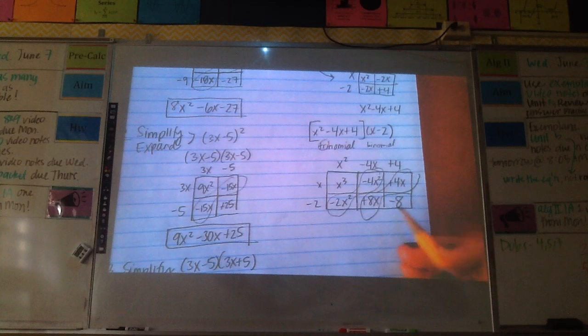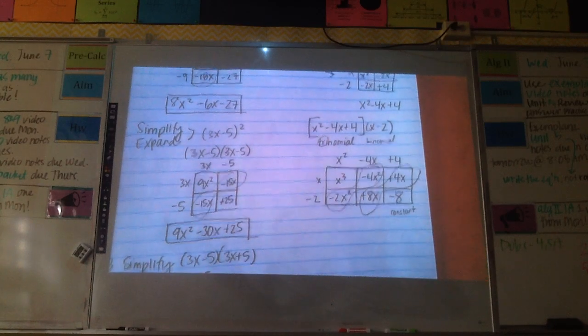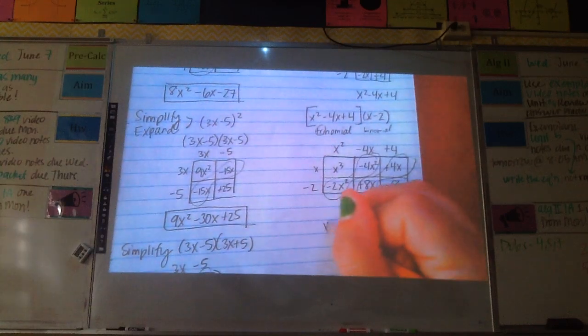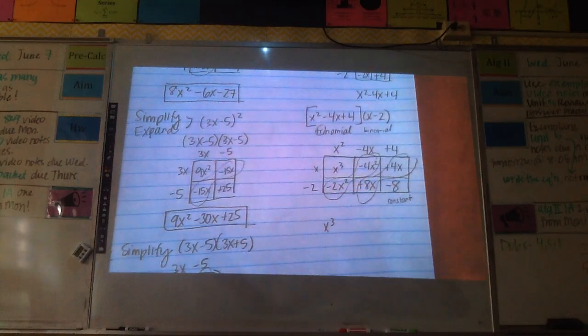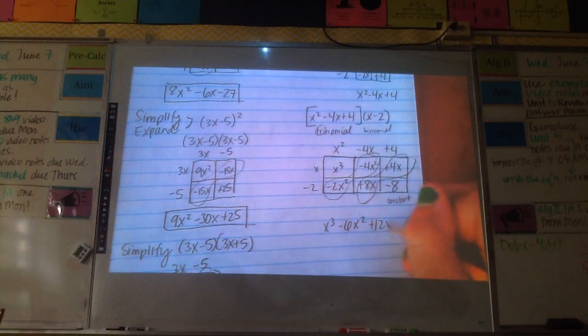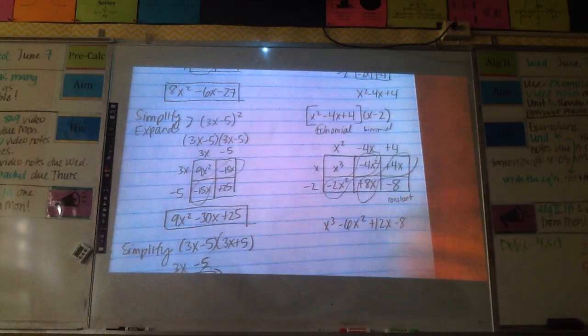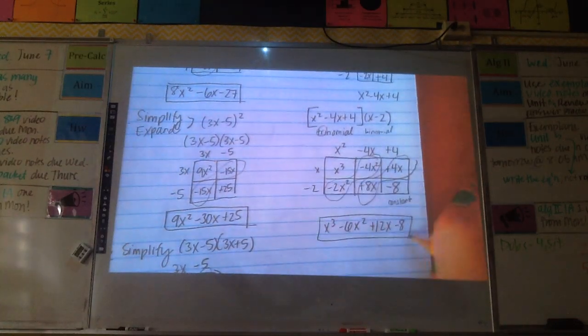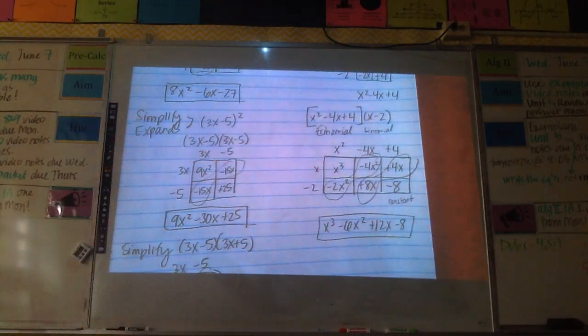There's no other constant or number without a variable. So when I combine my like terms, I have x cubed minus 6x squared plus 12x minus 8. And that is it for multiplying linear and quadratic expressions.